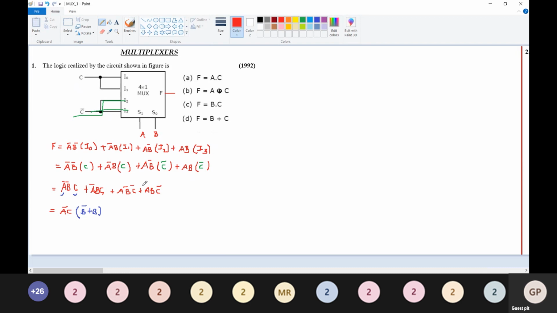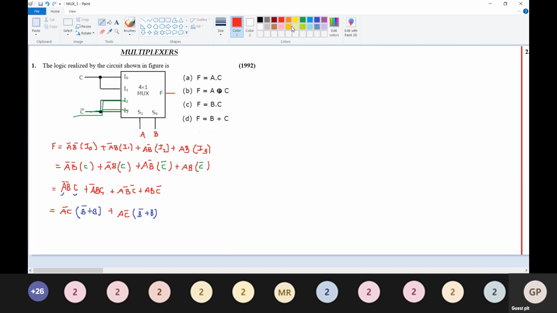Similarly, in the next two product terms, A and C dash is common. So the remaining term is B dash plus B. B plus B dash is equal to 1.